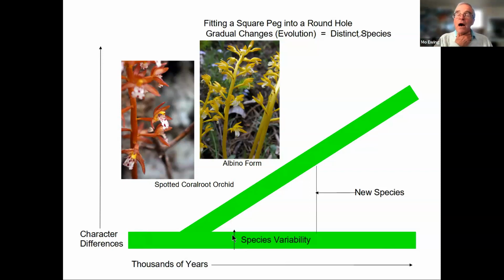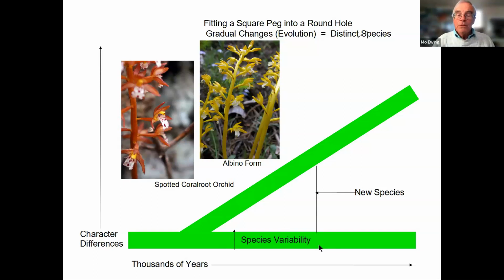Rather than being hot and sunny, it's cool and damp. And so over a period of time, these 2 groups of plants are going to react to their environment, and they're going to have more and more different characteristics. So over a period of time, they get to the point where they look a whole lot different.